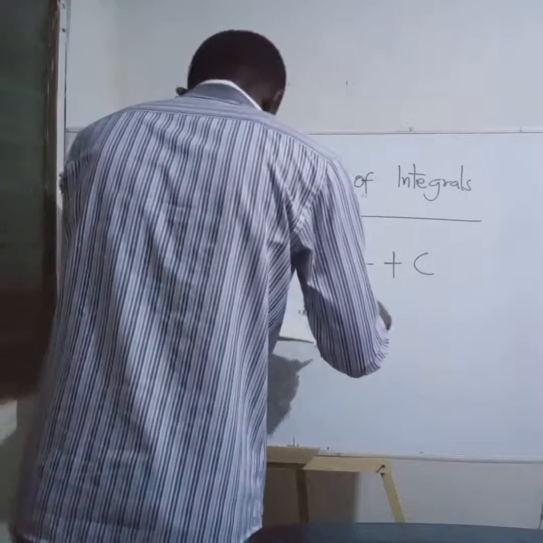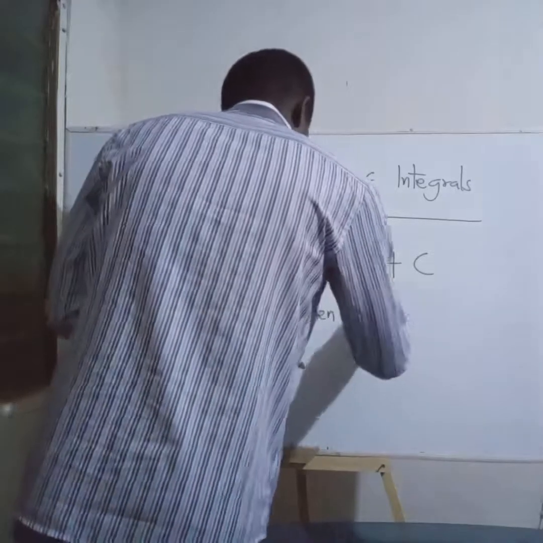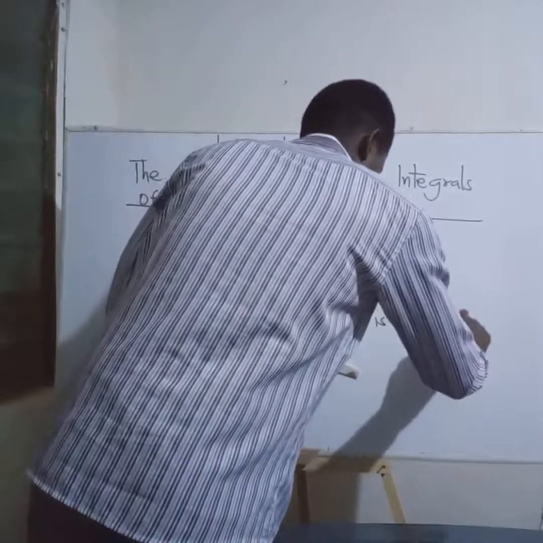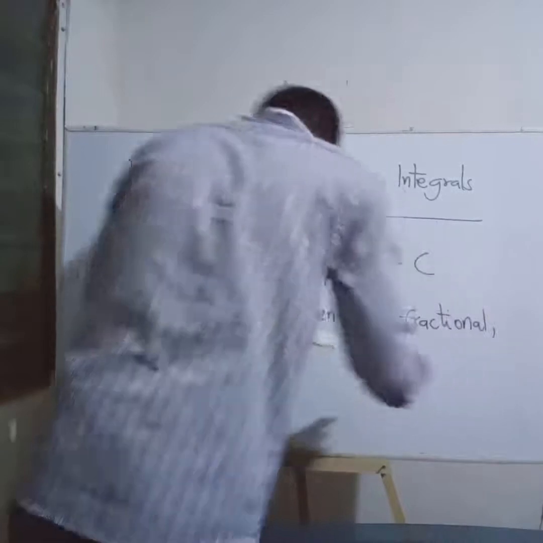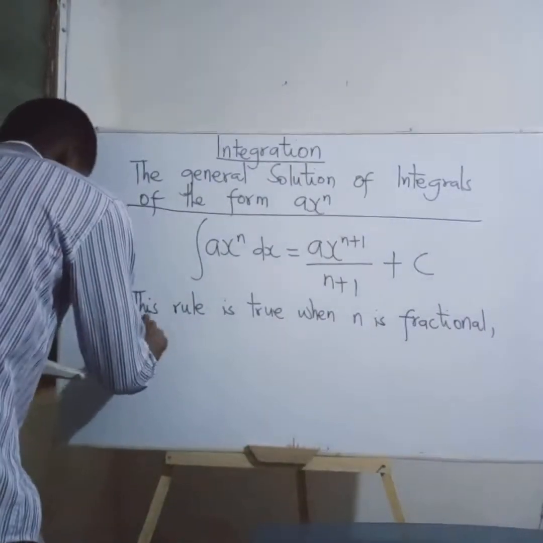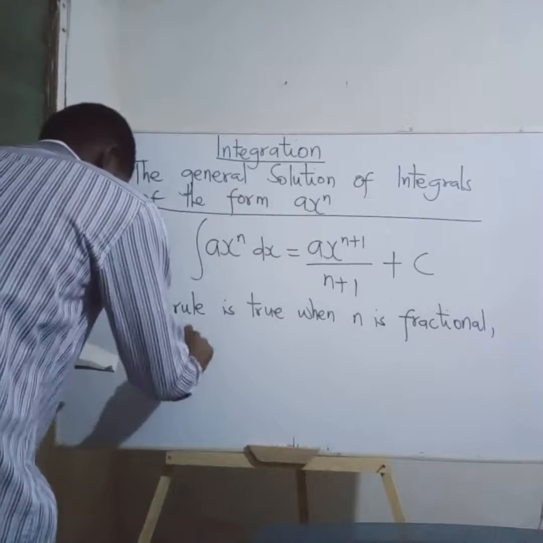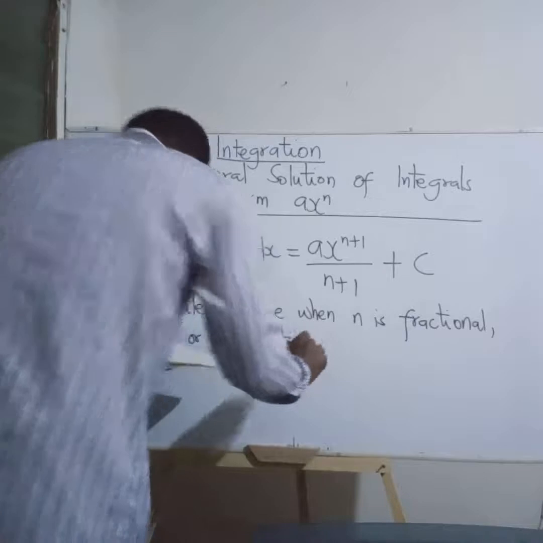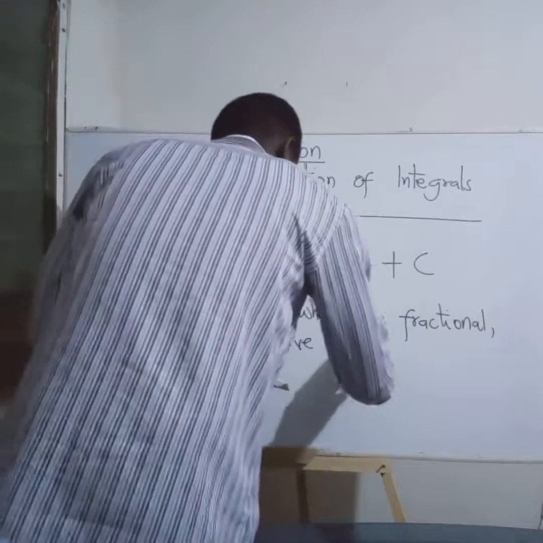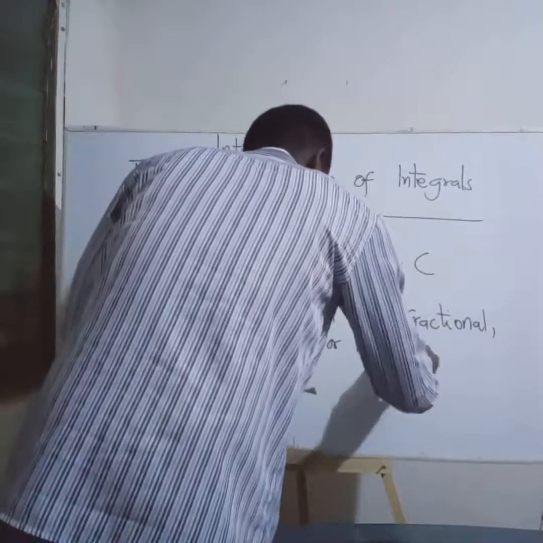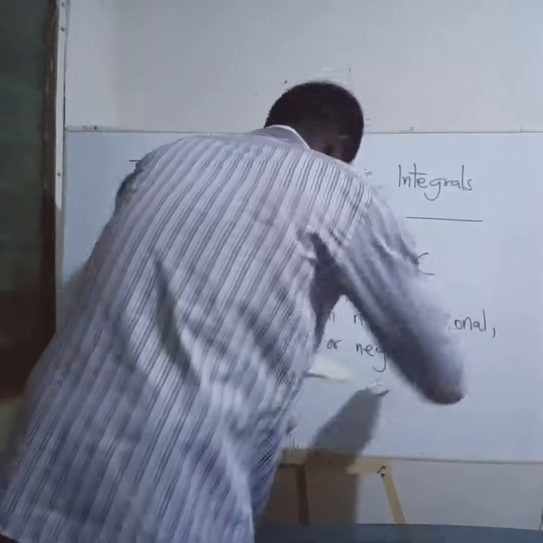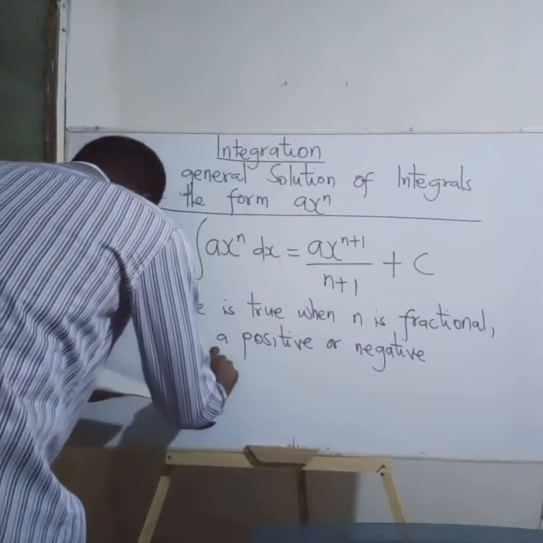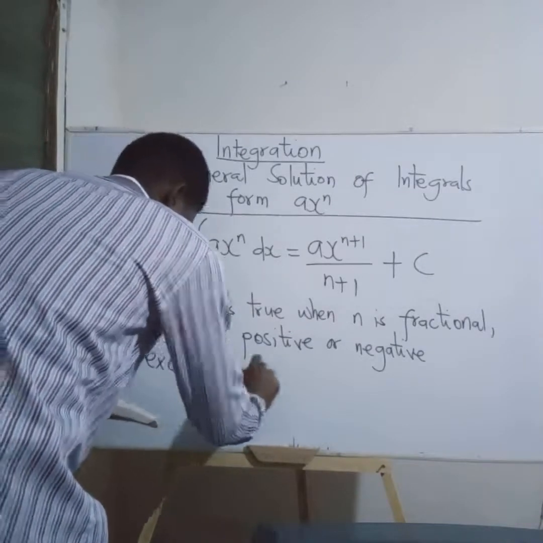We are saying this rule is true when n is fractional, n is 0, or a positive or negative integer, except n is equal to -1.